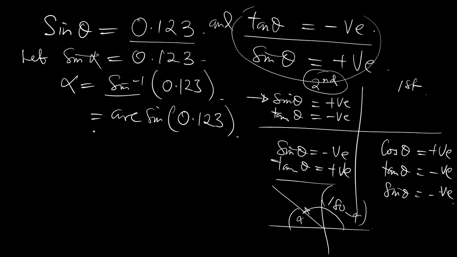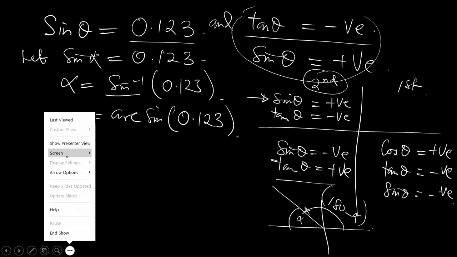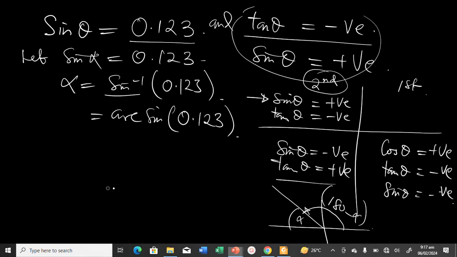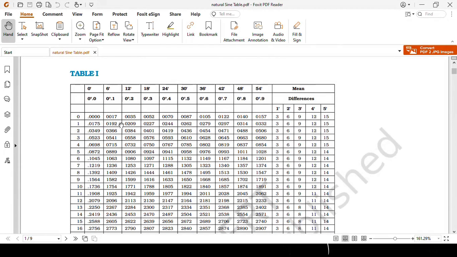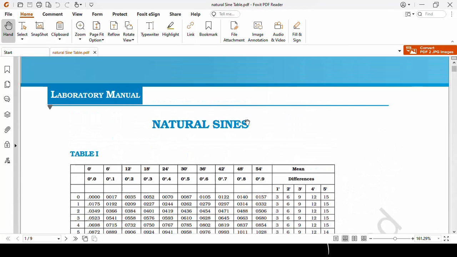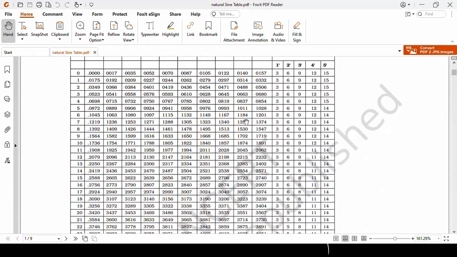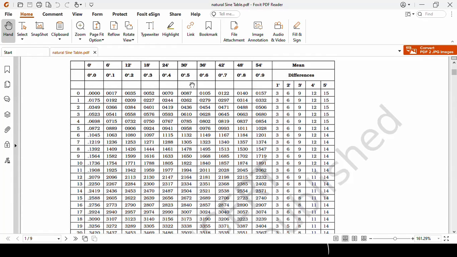Now let's look at the sine table. Now this is sine, and in this region we are going to be looking for 0.123.